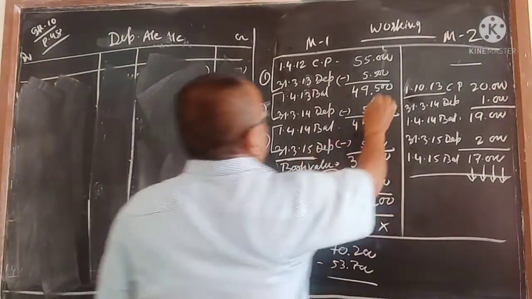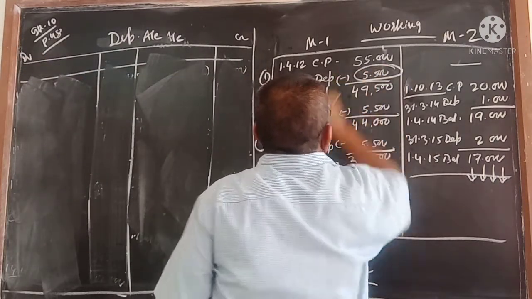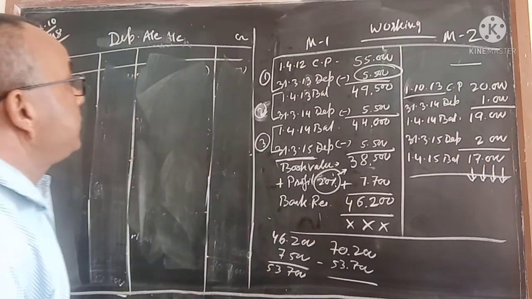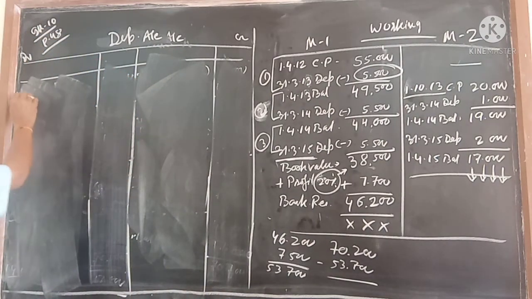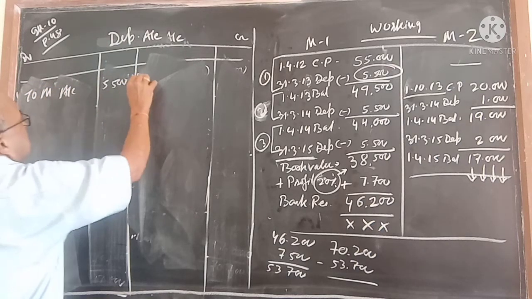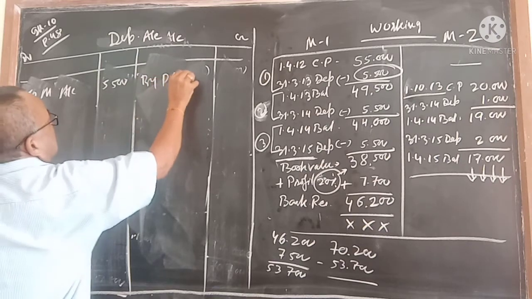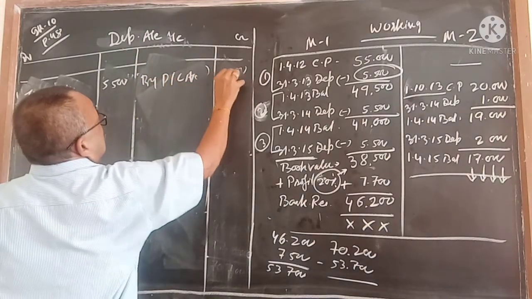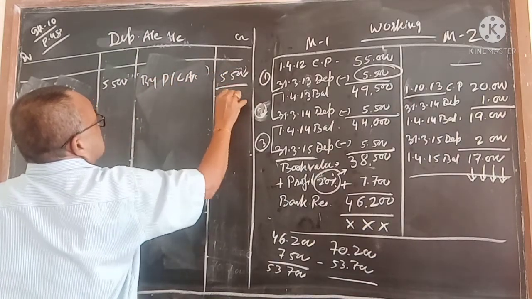Depreciation how you have done? And what is the journal of that? Depreciation account debit to machinery account, 5500. And this side you write by profit and loss account 5500, and you close it.